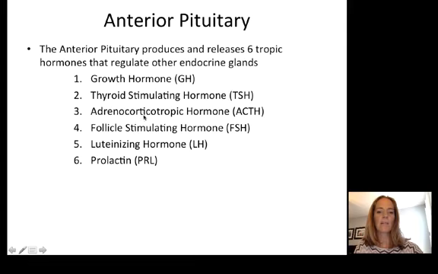ACTH, adrenocorticotropic hormone, which will be affected by CRH from the hypothalamus. Follicle stimulating hormone, which will be affected by the gonadotropin releasing hormone, or GnRH, as will luteinizing hormone. And then prolactin, which will be affected by the prolactin releasing and inhibiting hormones.